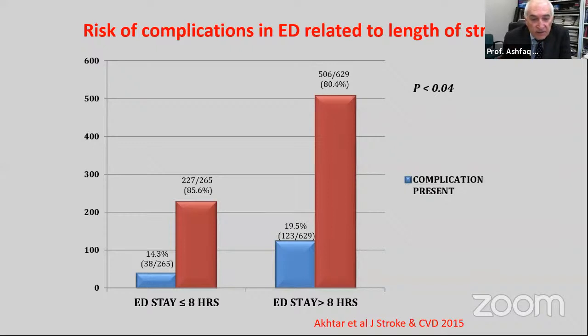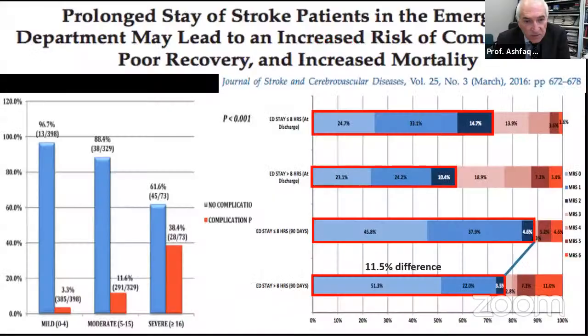So move them fast. If you had a choice, say you've got 3 patients in the emergency, which ones to move faster? We have data for that also, and I'll show you here. We published this a few years ago. This data is on mild strokes, NIHSS of less than or equal to 4, moderate stroke, NIHSS of between 5 and 15, and severe strokes.